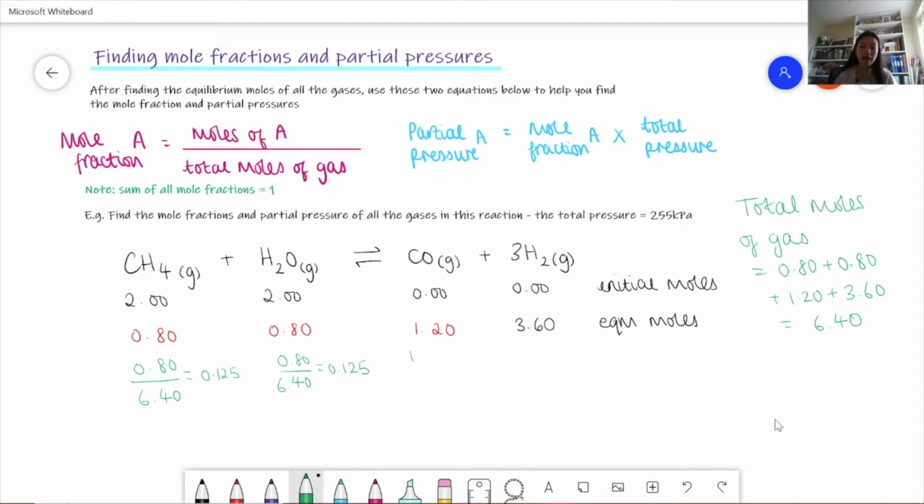And then here we have 1.20 over 6.40, which equals 0.1875. And then this last one is 3.60 over 6.40, and that equals 0.5625. And so here we have our mole fractions.